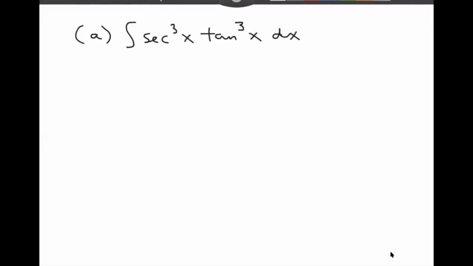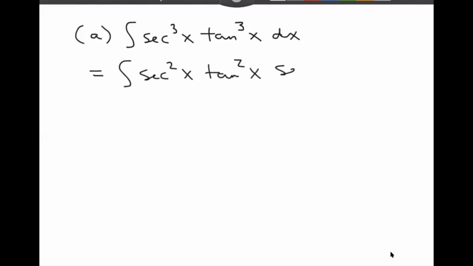All right, so the first example is integral secant cubed x tangent cubed x. So this falls under the category of the tangent power is odd. And what the guideline said to do about that is to break off a secant x tangent x factor, which is going to leave me with integral secant squared x tangent squared x.